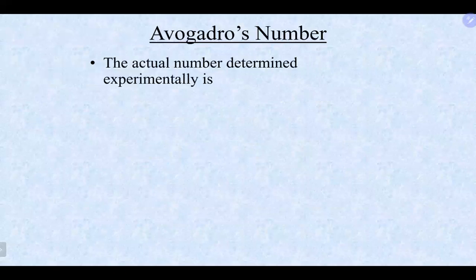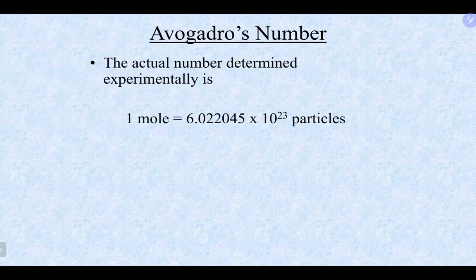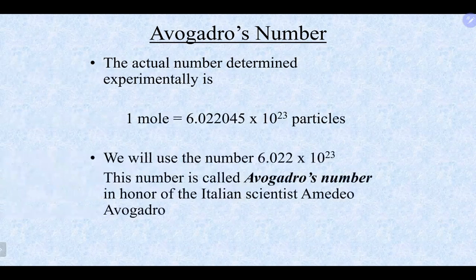And that certain amount of something is Avogadro's number. So 1 mole of anything will equal 6.022 times 10 to the 23. So we use this as an equality: 1 mole equals 6.022 times 10 to the 23. This is Avogadro's number.